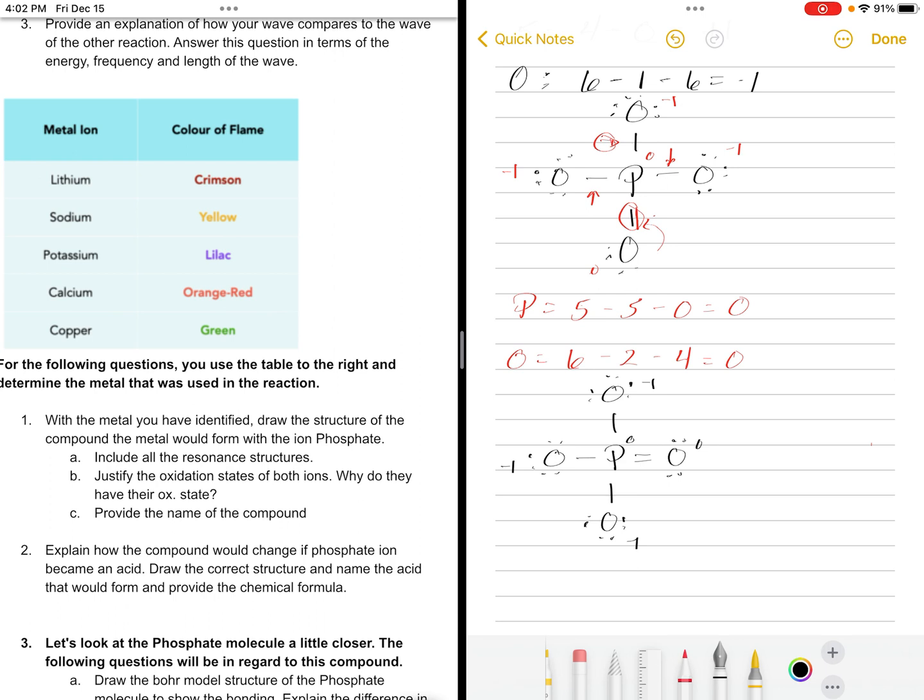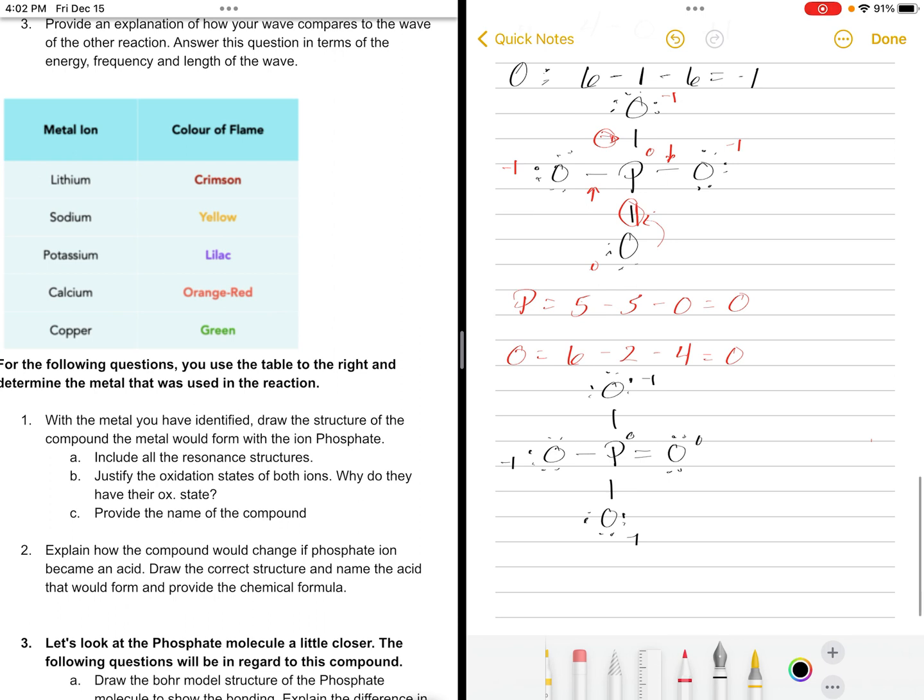Okay. Now, the original question was asking where the lithium would bond. Well, remember that lithium oxidizes 1 electron to become lithium 1+. Okay. Now, if I'm a positively charged lithium, right, and I'm bonding to phosphate, right, where would I bond? Would I bond to the phosphorus?